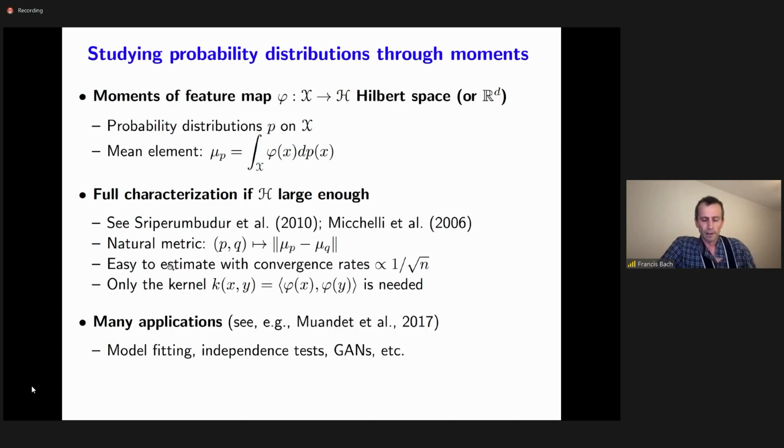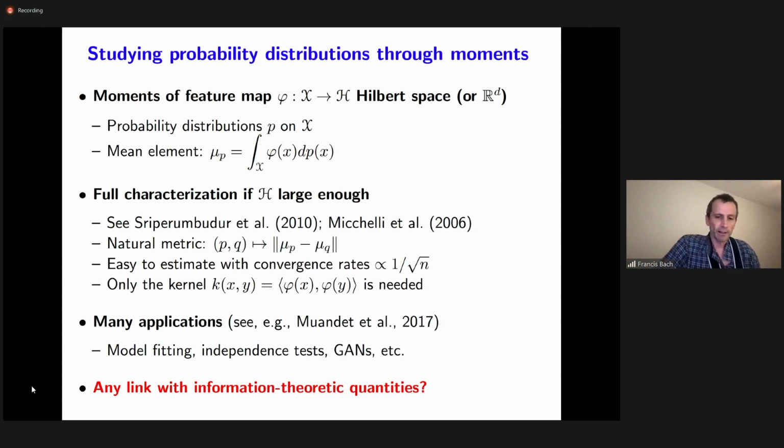There's a good tutorial paper by Muandet and colleagues, and, very much like all distances between probability distributions, there are applications in model fitting and independence tests. You can do GANs if you want with them. But what I've always felt unsatisfying with those distances is the link with any form of information theory or physics.